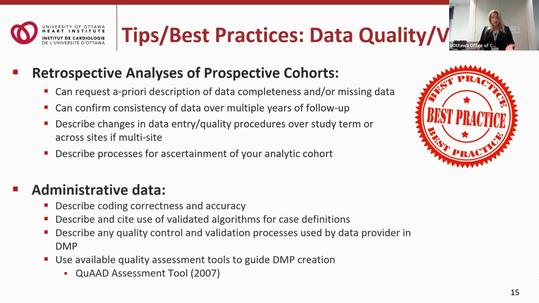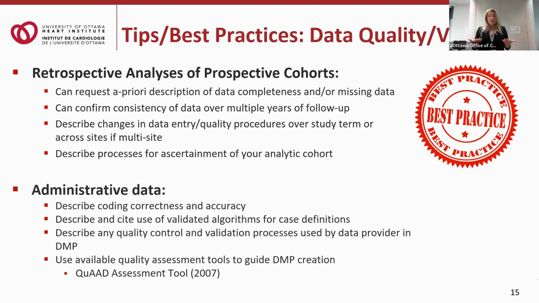When you're using administrative data, again, we want to get a sense of the correctness and accuracy. Just because there's an ICD code for something doesn't mean that it's actually consistently used in that manner for that exact diagnosis. So your coding administrators become your best friends if you have to ascertain some sort of cohort; you want to understand really how these codes are being used.